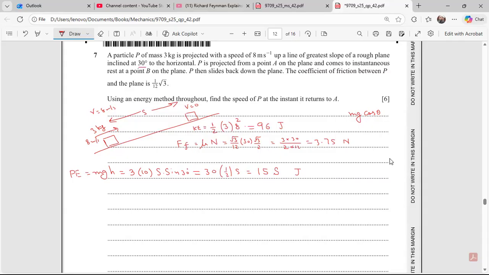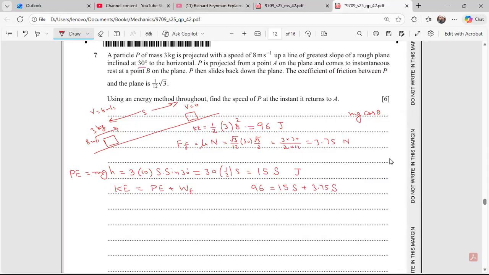Now you can see that the kinetic energy over here is equal to potential energy plus the work done against friction. So kinetic energy was 96. This is equal to potential energy, 15s, and work done, 3.75 into s, right?